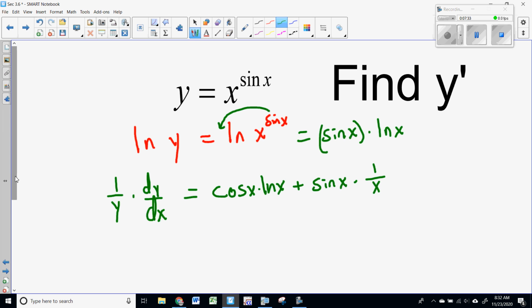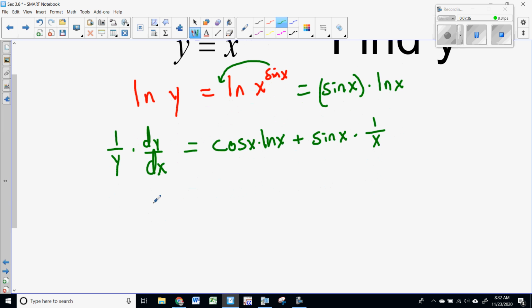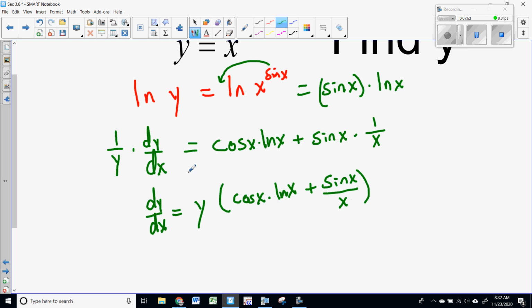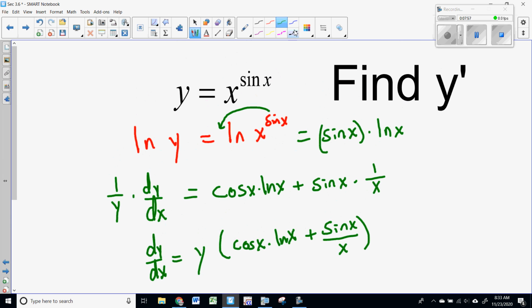So now if I solve for dy/dx, I multiply by y, and I get cosine of x times natural log of x plus, I'm going to write this as sine of x over x. Now, the last thing I want to do, especially if we're given something like this that's implicit, is write this with only x's in our answer.